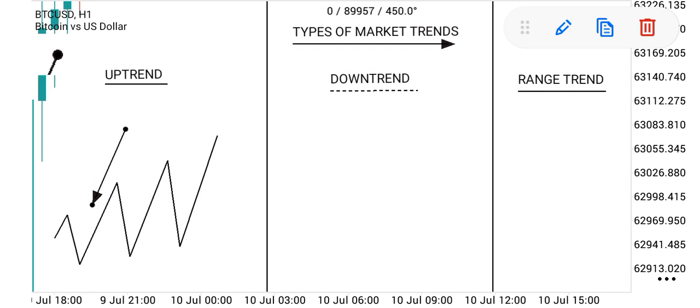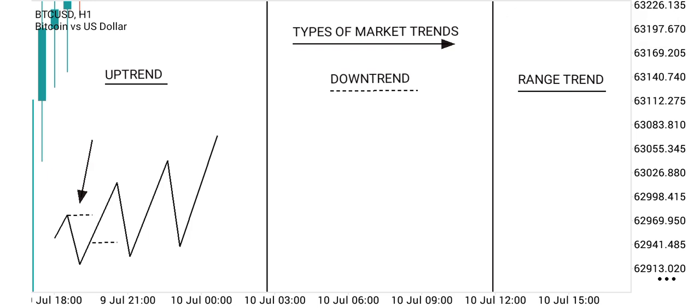You see, when the market clears this point, we have a break of structure. We call it a break of structure upward. When the market consistently clears our previous high, we have a break of structure upward. So when you see the market clear our previous high, you know that yes, that is a break of structure.